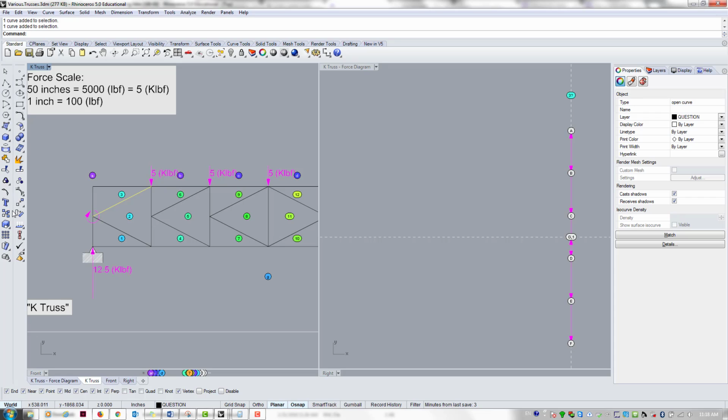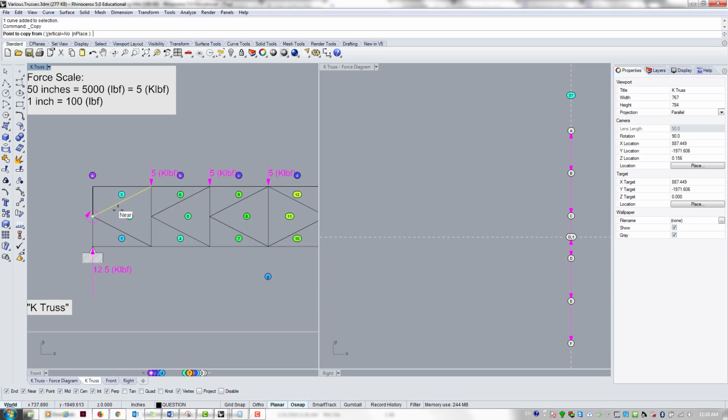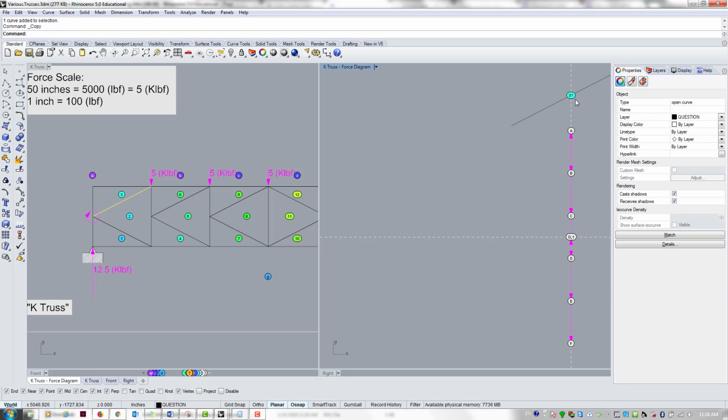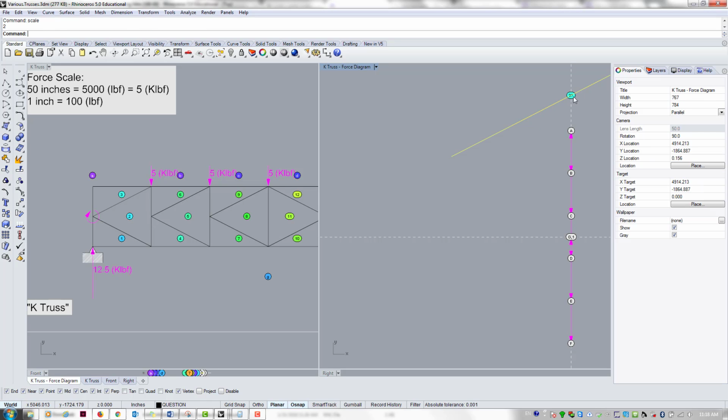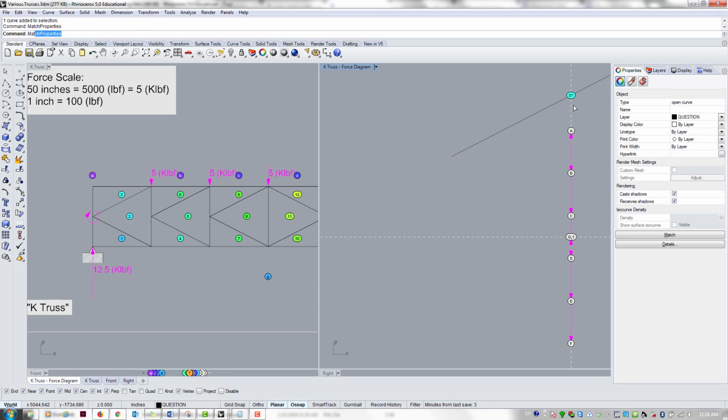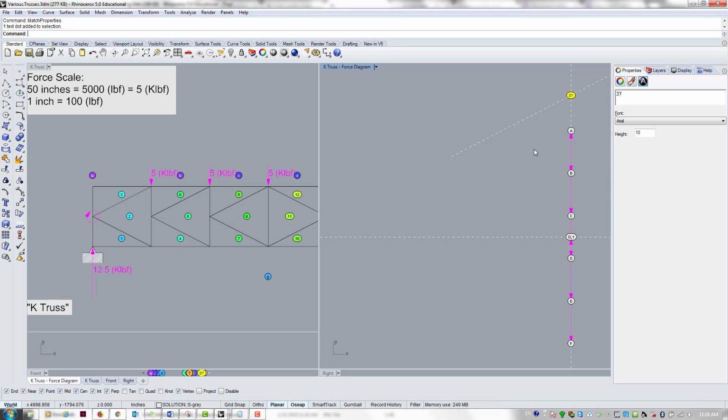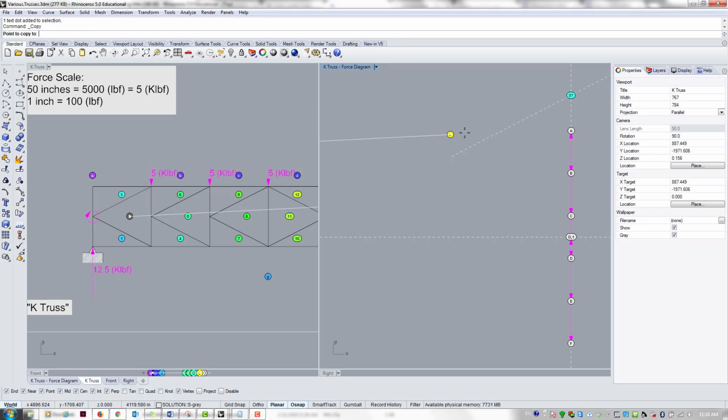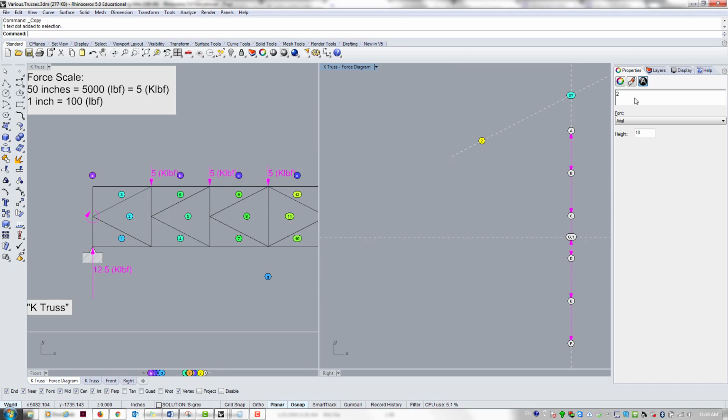This is 3, 2, so 3, 2 is somewhere here. But 3 we don't know yet, and 2 we don't know yet either. So that's kind of unknown and unknown.